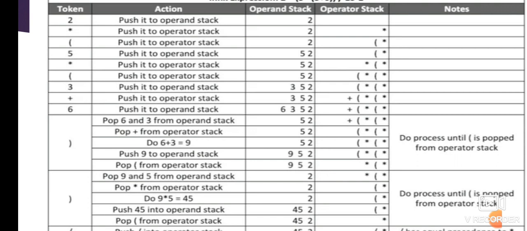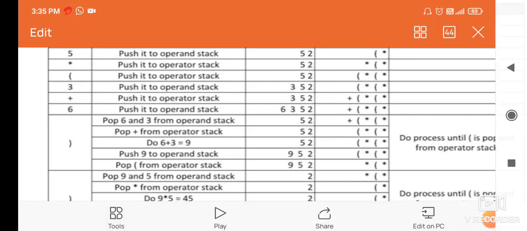The next one is 6. Push it onto the operand stack, right? The next one is a close parenthesis. So now pop 6 and 3 from the operand stack, then pop plus from the operator stack. So pop 6 and 3 means we remove these two operands and use the addition operator. Do 6 plus 3, which is 9, right?